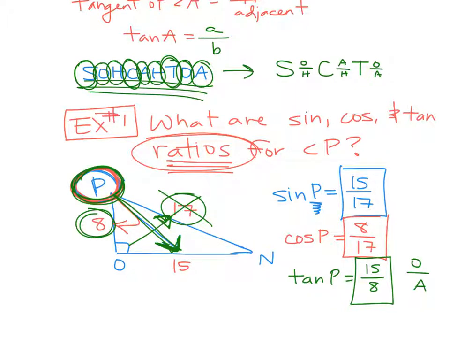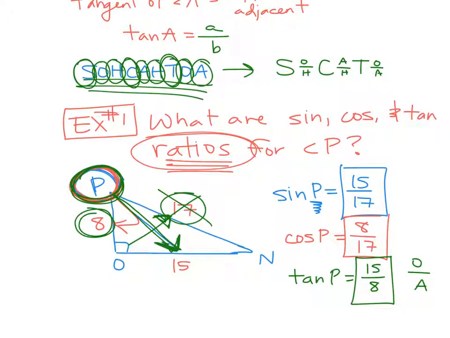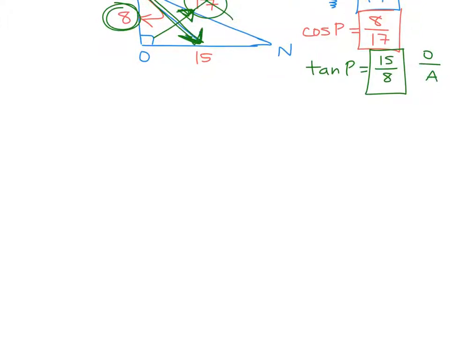Any other questions on that before I move on to the heart of what you're going to do with this stuff? Okay, here's what you're going to do then. Example 2.